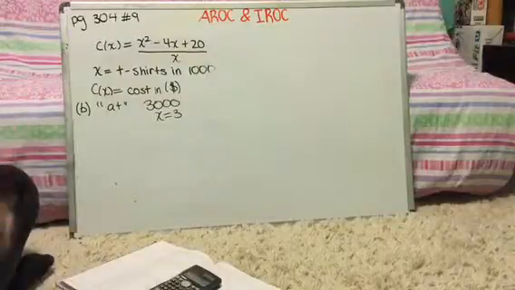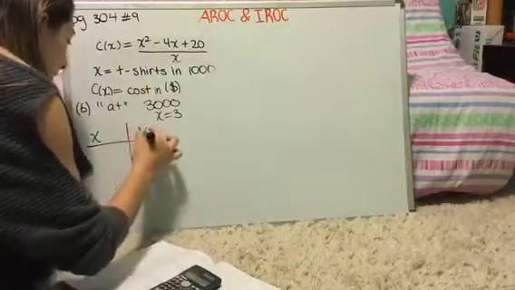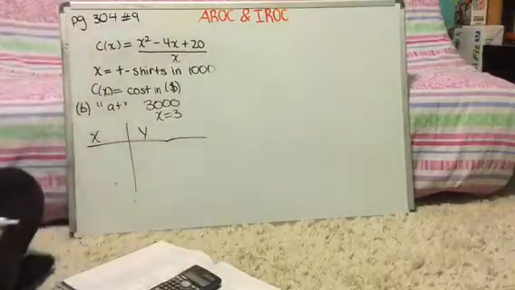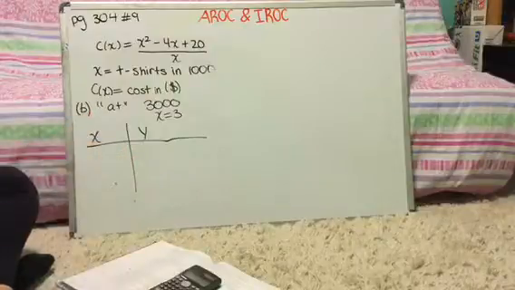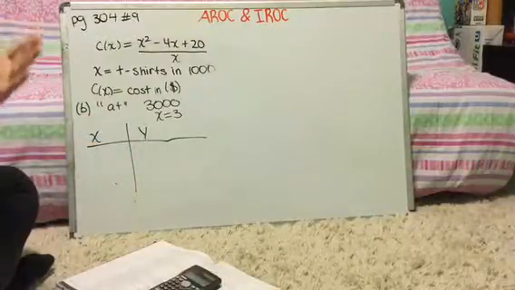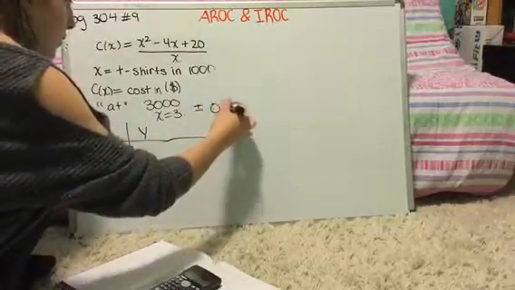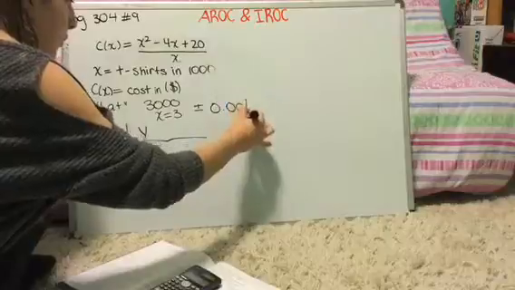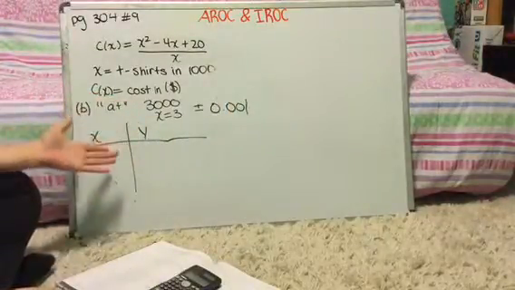How do we do that? Well, first we'll set up our x and y coordinate table. So we know that we have x is equal to 3. An easy way to pick 2 points found on the tangent line is by adding or subtracting 0.001 to our x coordinate, or our given x value.